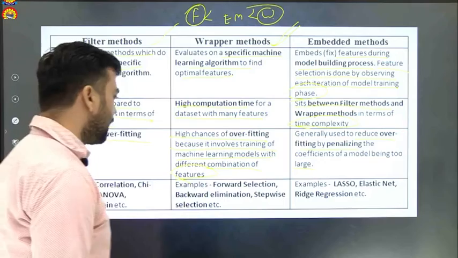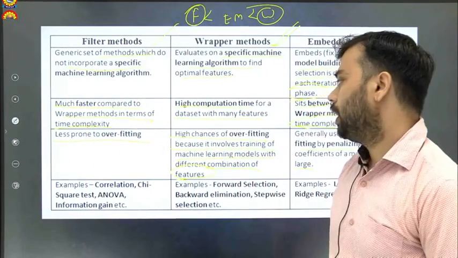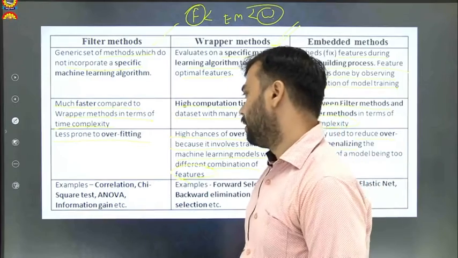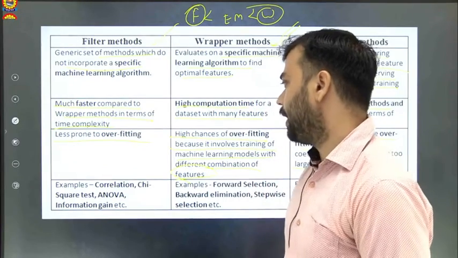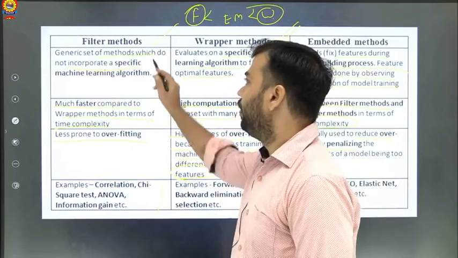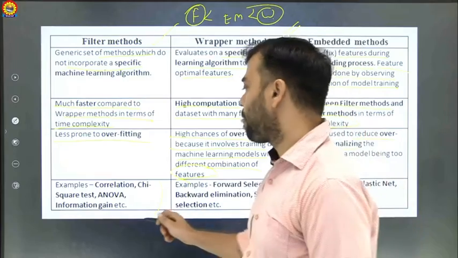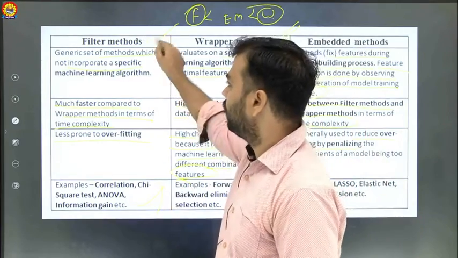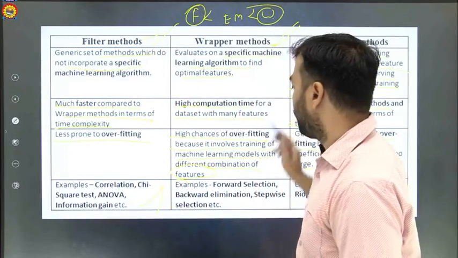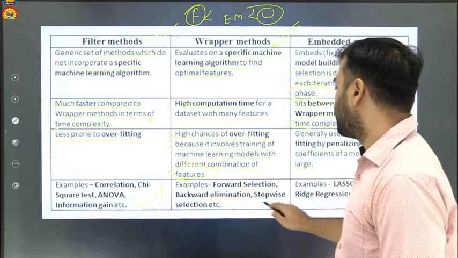Lastly, what are examples of filter methods? Correlation, chi-square test, ANOVA, information gain, etc. are filter methods. We already discussed information gain also. In the wrapper method, the examples are forward selection, backward elimination and stepwise selection.